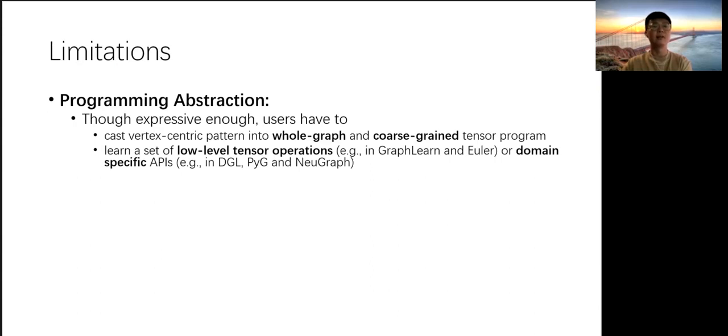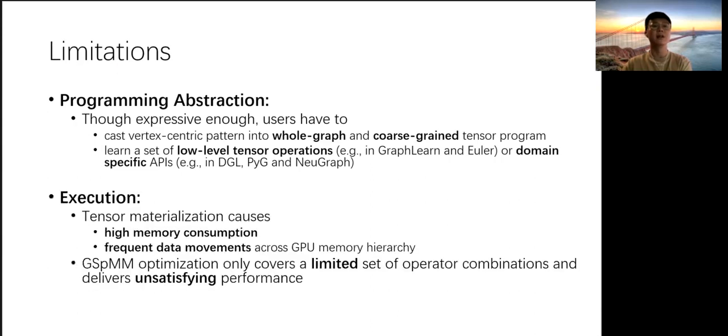Besides, users need to learn a set of low-level tensor operations or a set of domain-specific APIs. For execution, tensor materialization causes high memory consumption and bad data locality due to frequent data movement. GSPMM optimization only covers a limited set of operator combinations and still delivers unsatisfying performance due to the kernel design, as we will compare in our experiments.